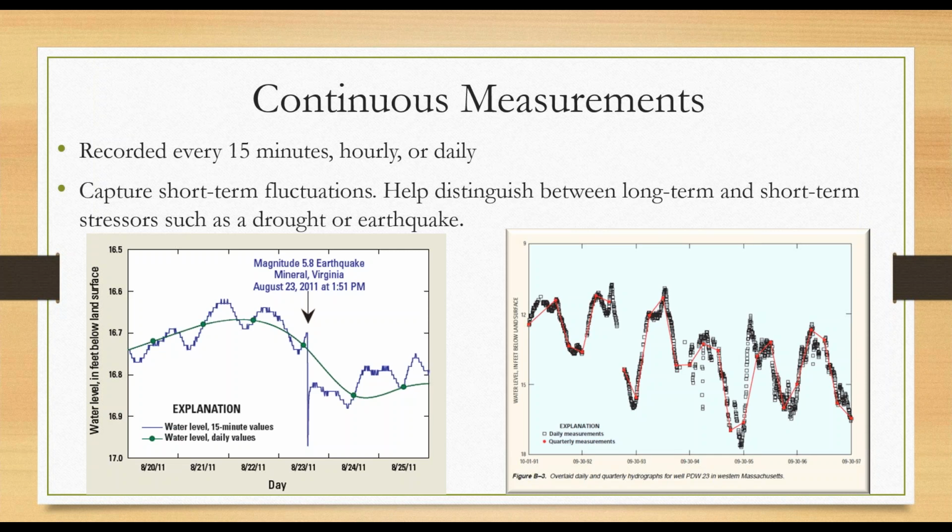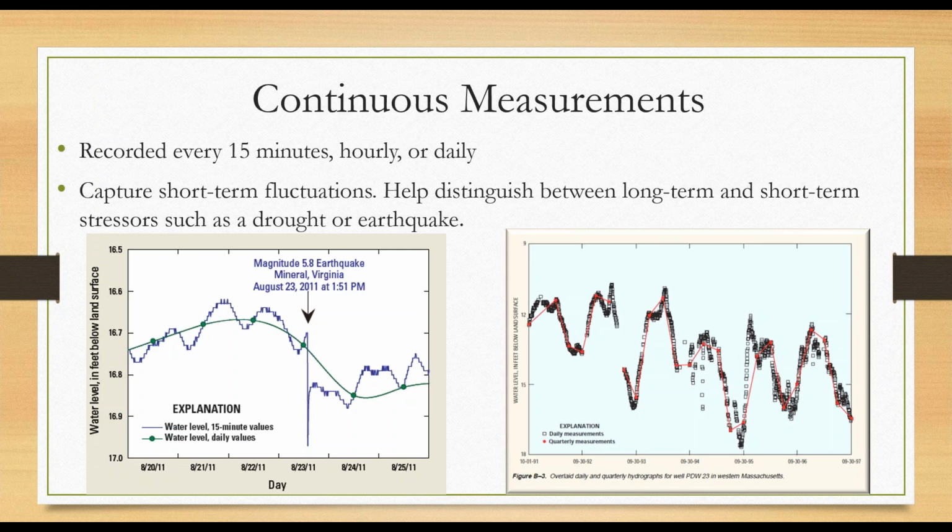Lots of data are generated from those types of wells. The advantage of a continuous monitoring system is that you would capture short-term fluctuations that you may miss if you are going out to the site monthly, annually, or quarterly. A continuous network will help distinguish between long-term and short-term stressors, such as drought and earthquake.